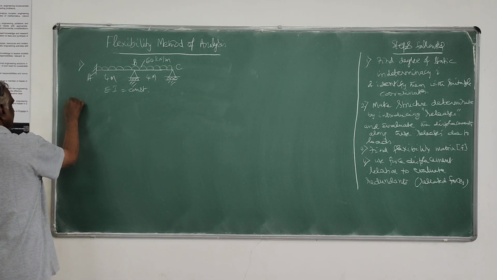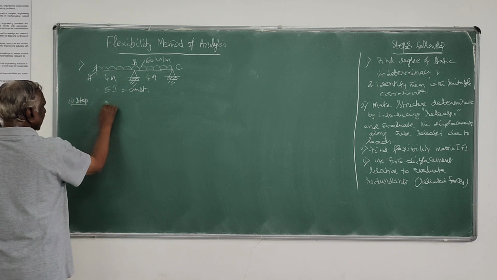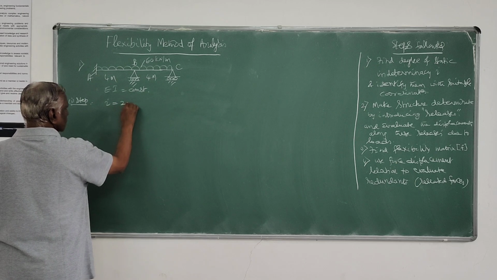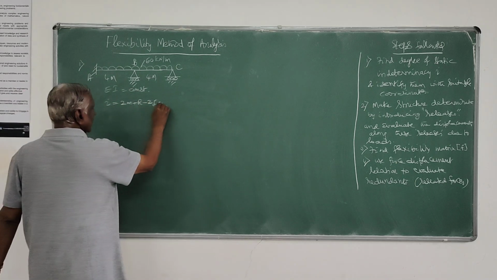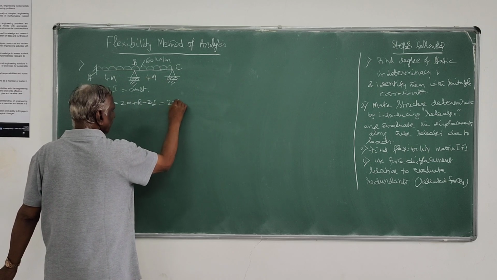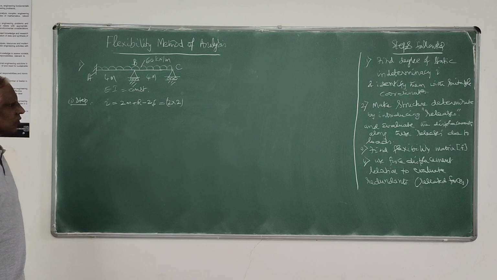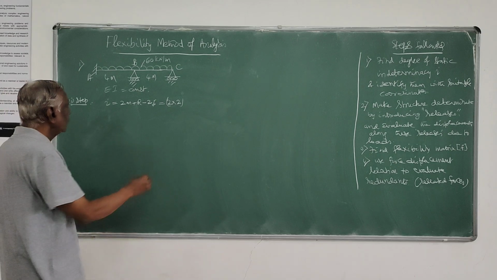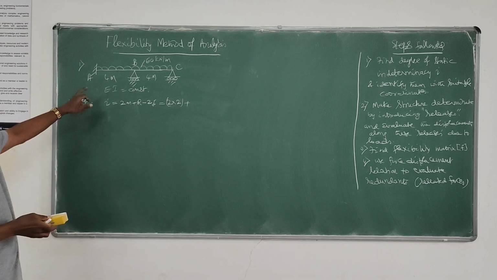So, first step, find the static indeterminacy, that is 2m plus r minus 2j. Here m is the number of members, that is 2 members, 2 into 2, plus r, the number of unknown support reactions.